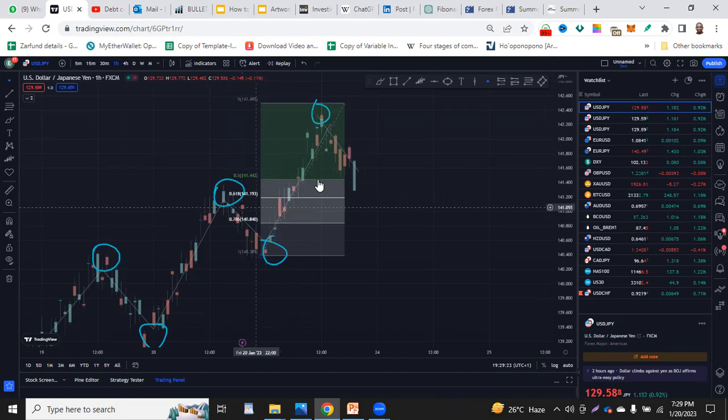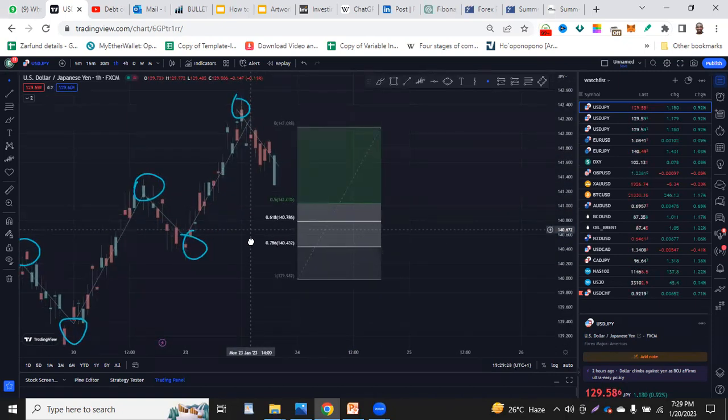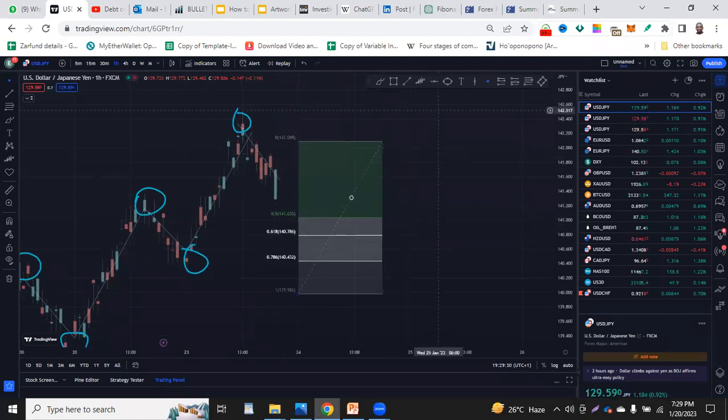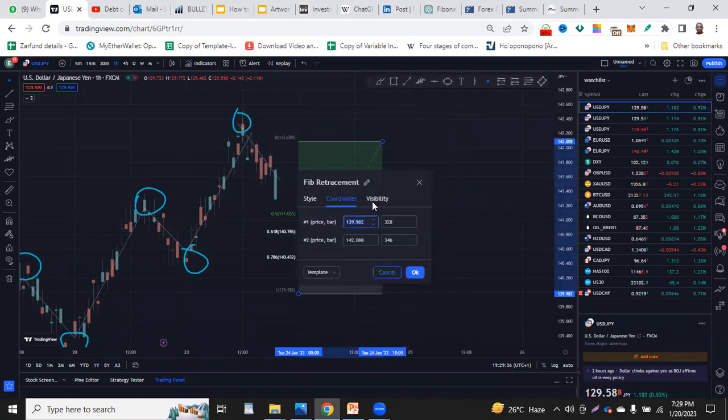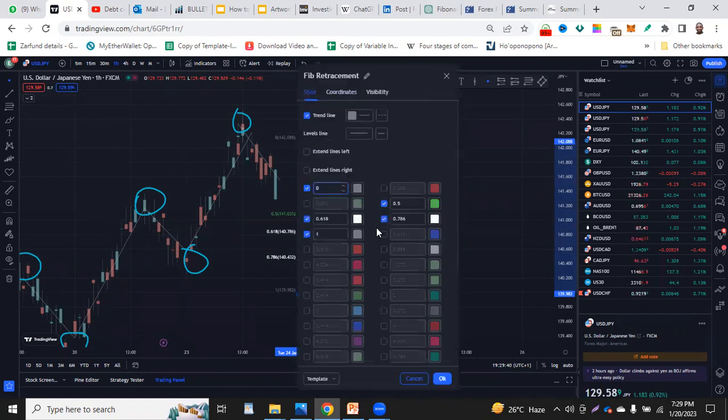All right, so before we go on with this, I want to show you how Fibonacci will be if you're using it for the first time. This is how it's going to be. I want to show you this so that you won't be confused and think that your Fibonacci is different from mine. You're going to see some things like this, then this.